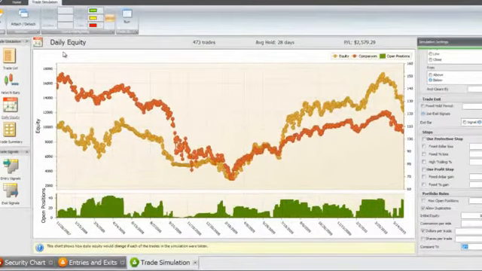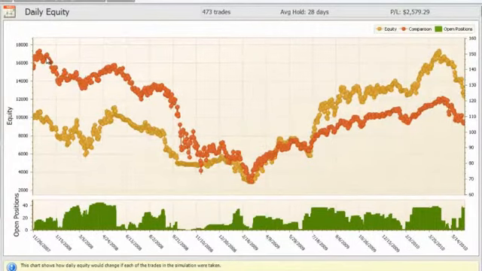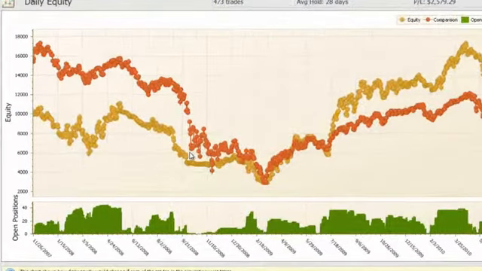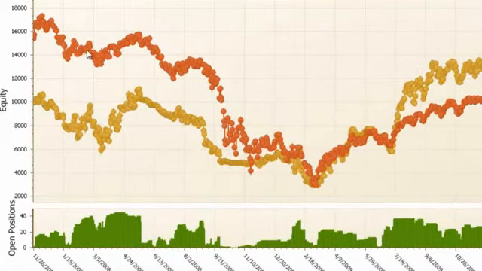So here's the daily equity over that period of time, and the red line that I just added here is a superimposition of the SPY, which is the ETF for the S&P 500. You can see how our strategy equity changed. That's the gold line, and in the down market it was also losing money, but it was nowhere near as steep a loss as the actual S&P 500.